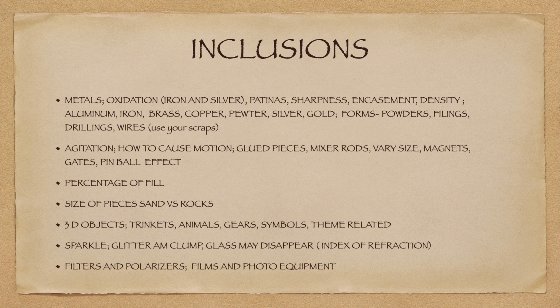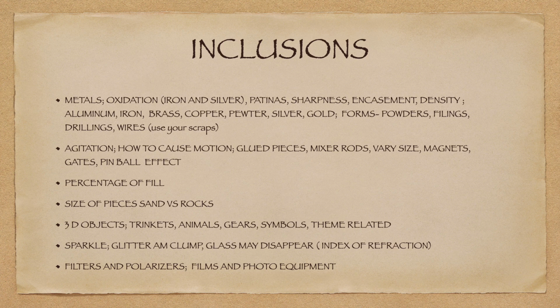Magnets are a way of mixing the materials in an object case. Sometimes you can place an object or a magnet inside the object case and use a magnet on the outside to manipulate that.